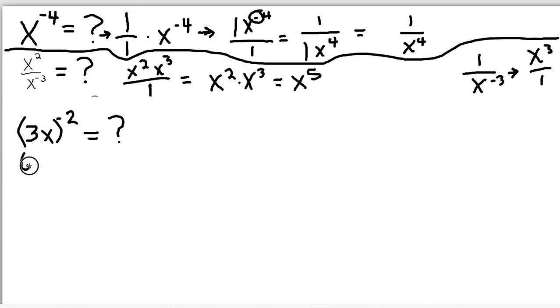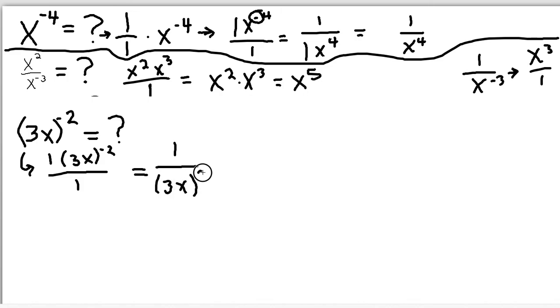So what we want to do right here, same thing, we have 1 times the initial equation, 3x to the negative 2 over 1. And when we go ahead and invert that, we are going to get 1 over 3x squared.